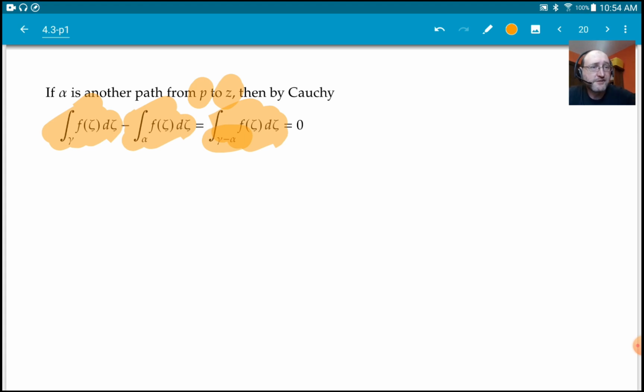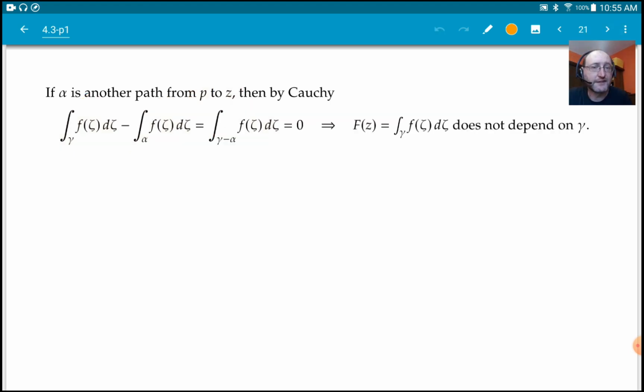We apply Cauchy's theorem to the simply connected domain, and we get 0. So the difference is 0. So the upshot is that this definition does not depend on the path that we take. We can take any path that we want, right?